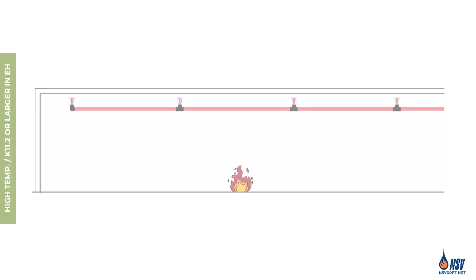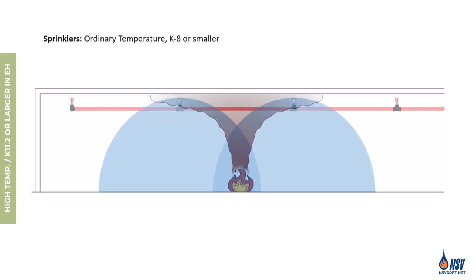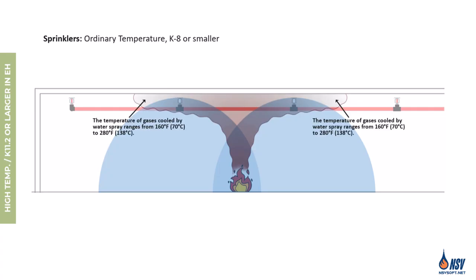In extra hazard occupancies, the temperature of hot gases rising from a fire can exceed 1000 degrees Fahrenheit. When ordinary temperature sprinklers with a K factor of 8 or smaller are used, the initial activation near the fire and the resulting water spray reduce the temperature of the hot gases to a range between 160 and 280 degrees Fahrenheit.